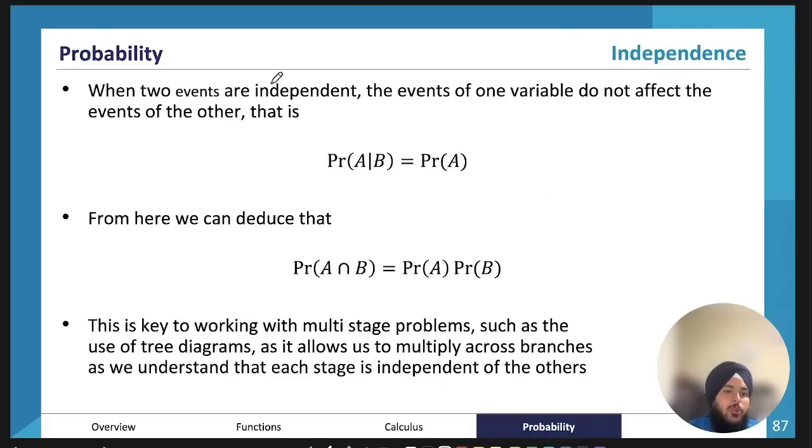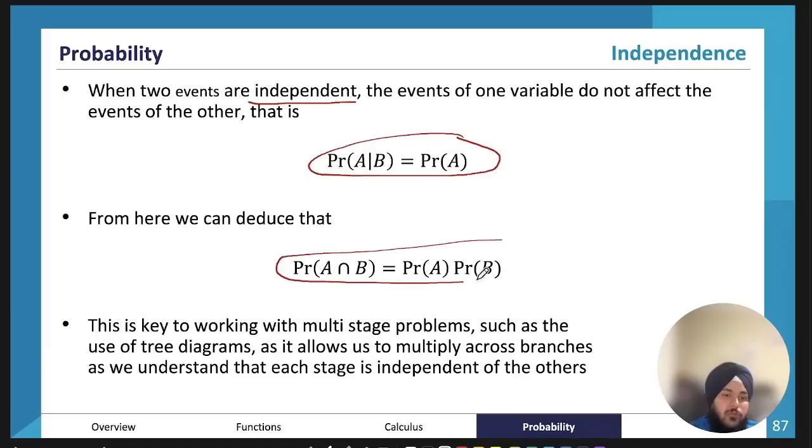Okay, so if 2 events are independent, we can actually use this formula over here. The probability of A given B is actually going to be the probability of A. And there's a formula that we can deduce from this, which is really important, because the question that you're going to get on the exam is to prove that events A and B are independent.